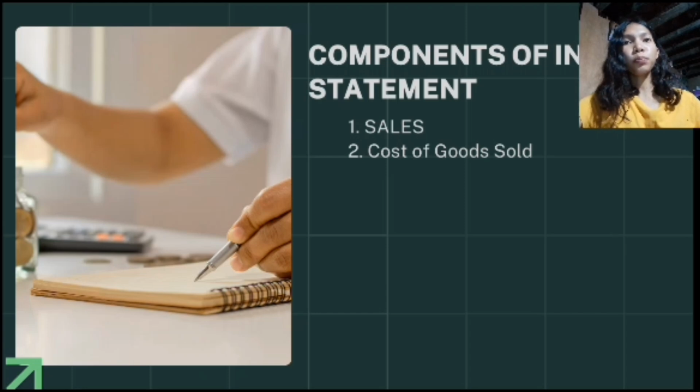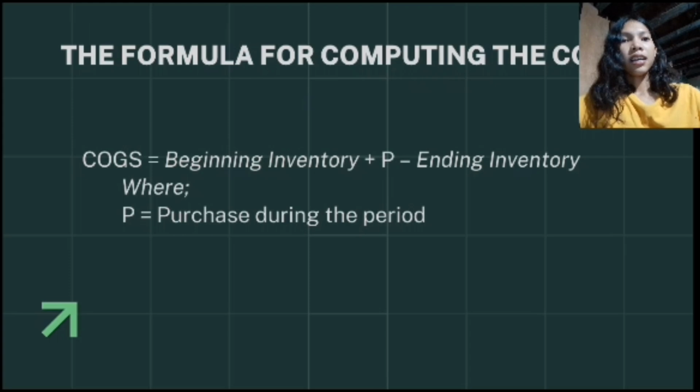The formula for computing the cost of goods sold is: cost of goods sold equals beginning inventory plus P minus ending inventory, where P is purchases during the period.